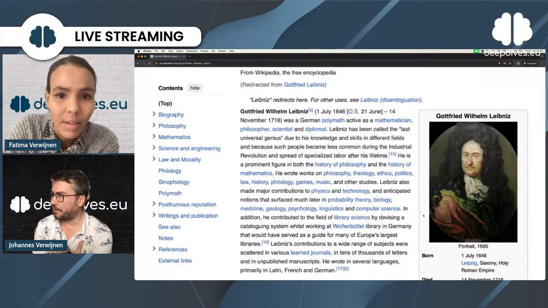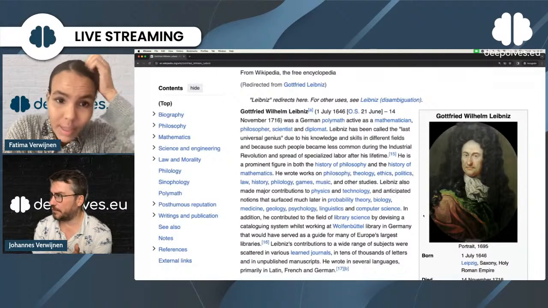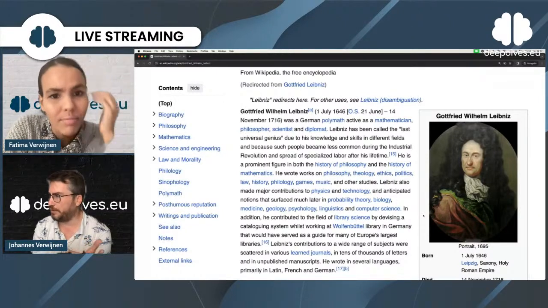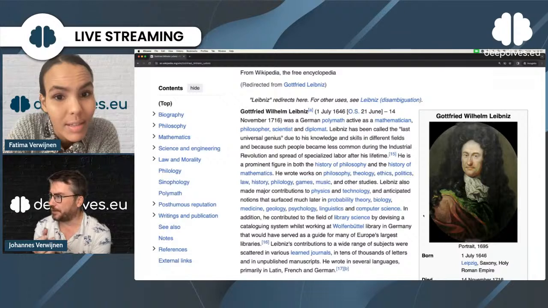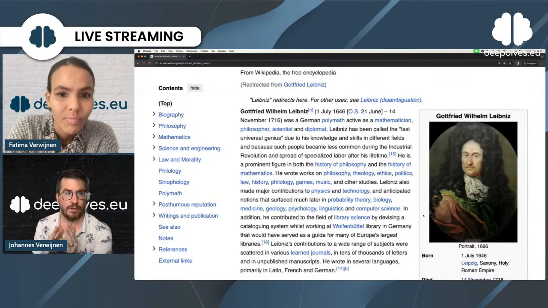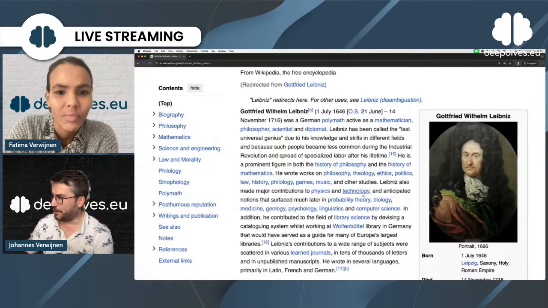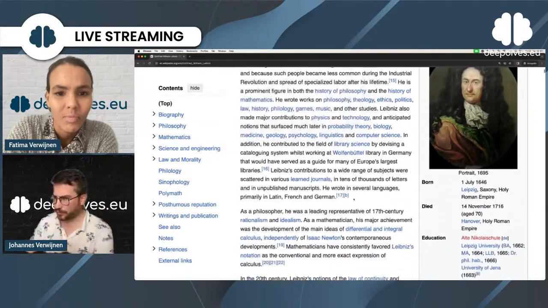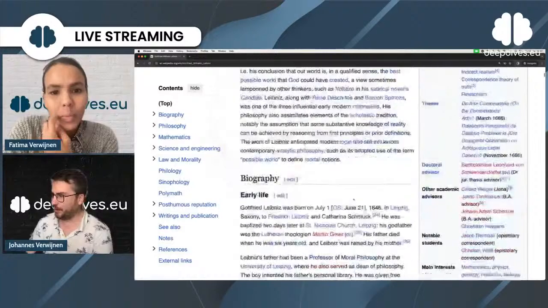It says in there that Leibniz has been called the last universal genius due to his knowledge and skills in different fields. That's partially due to the age, right? Because this was kind of the last moments before the Industrial Revolution took over and things started to be mechanized. So this was still based on proper analog stuff. So he did pretty much all kinds of stuff.